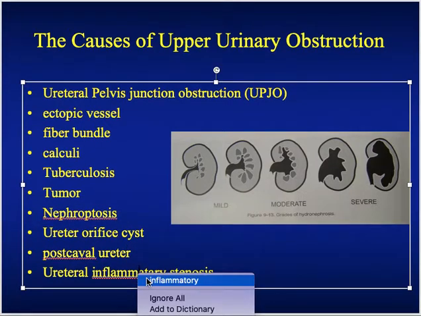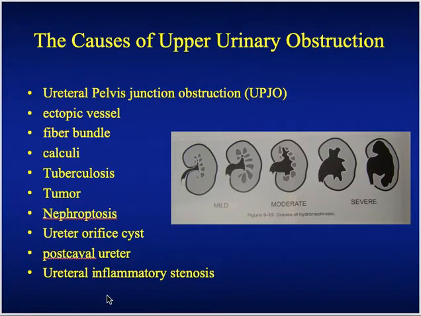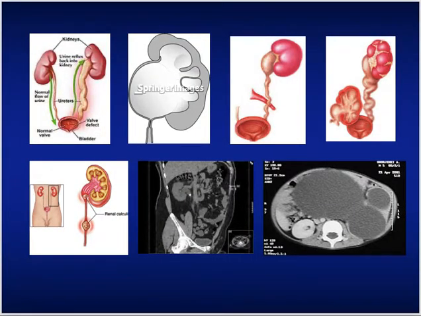There are a lot of causes written here, but we are basically discussing benign prostate hyperplasia. These are some figures showing hydroureter and hydronephrosis.